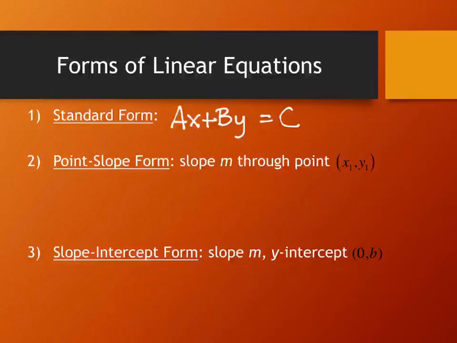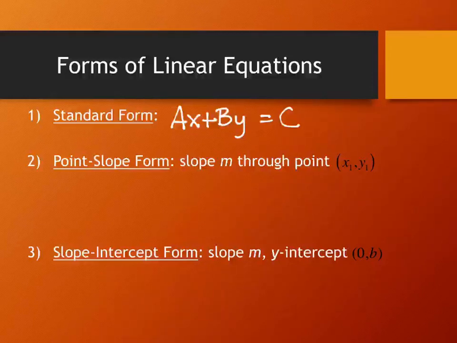There's some conditions on a and b you should probably know. A and b need to be integers, so they shouldn't be fractions or decimals. And the a value is supposed to be positive, right? But the issue really that kind of makes it unhelpful for the most part is that the x and the y are on the same side. It's not a very helpful form of the equation.